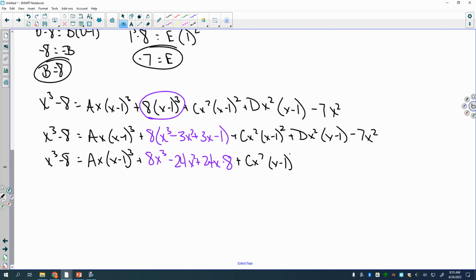None of this is super tricky on the algebra front. It's all things that we know how to do. It's just that there is a lot of it. And then I'm going to start to collect some like terms and move some things around. So I am going to take and subtract the 8x cubed over.